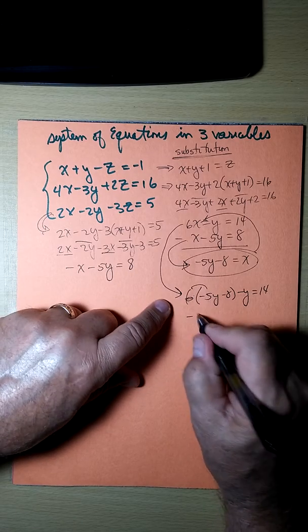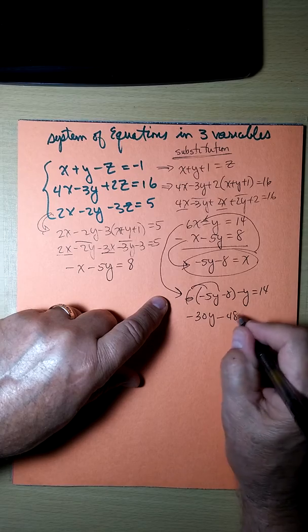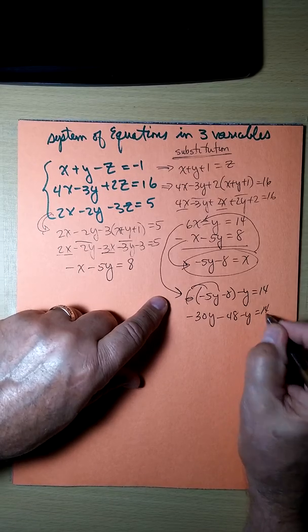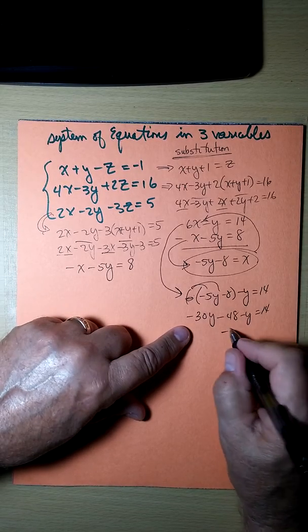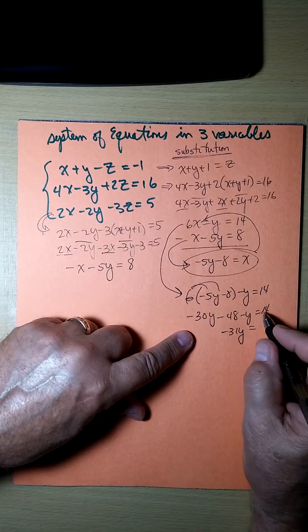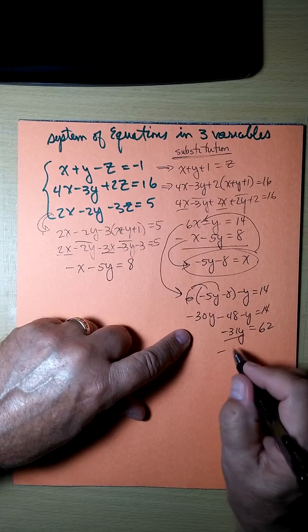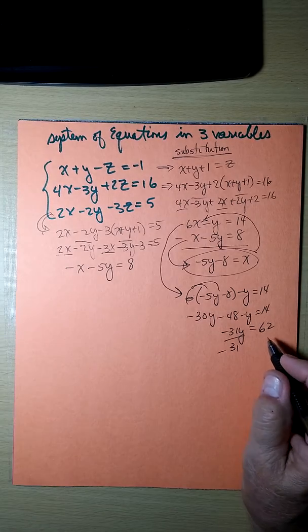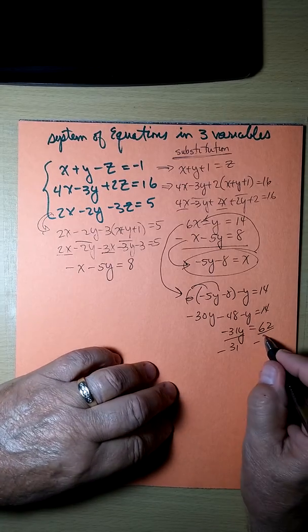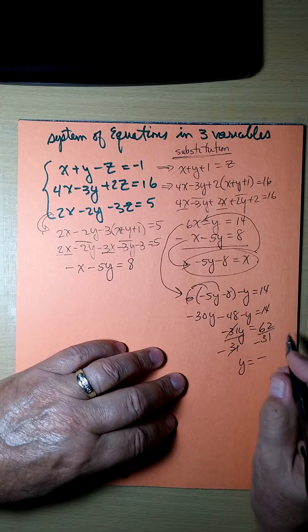So this is a negative 30y. This is a negative 48 minus y equals 14. So negative 31y equals, if we add 48 to both sides, that's 62. Divide by a negative 31. Y is equal to a negative 2.